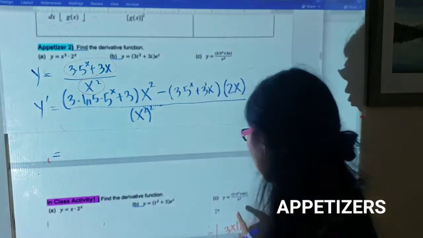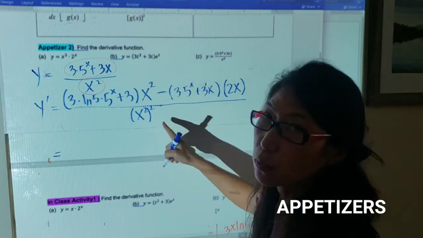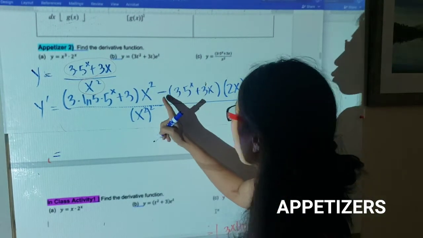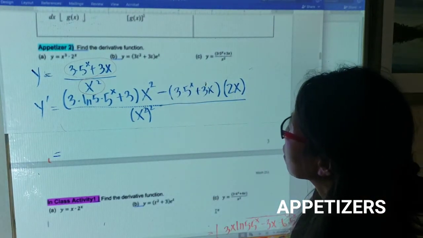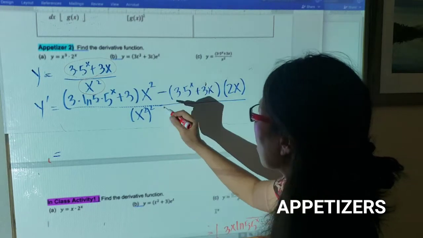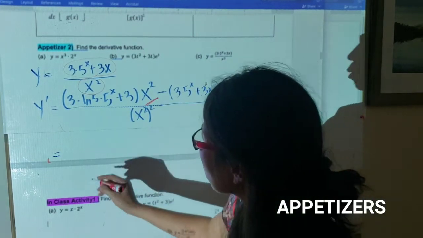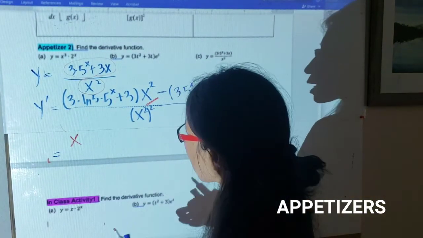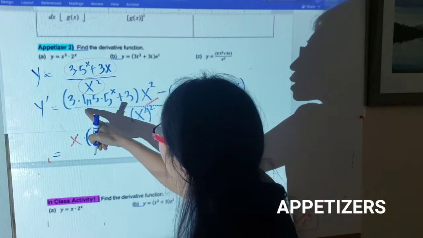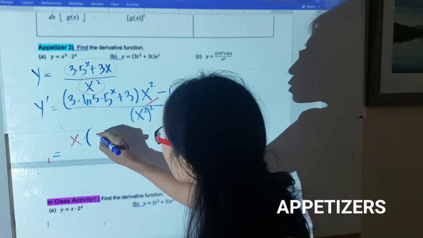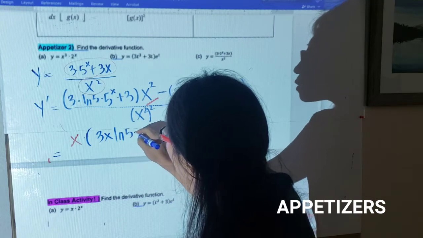So why do you have to factor out like this? Because if you don't do it, you're not going to get the same answer. So watch from here. Do you guys see a common factor? I see the common factor as x. So pull out x and then write out everything. So I'm going to organize. That's going to be 3x natural log of 5 and 5 to the x.